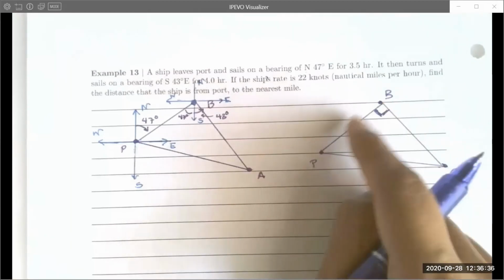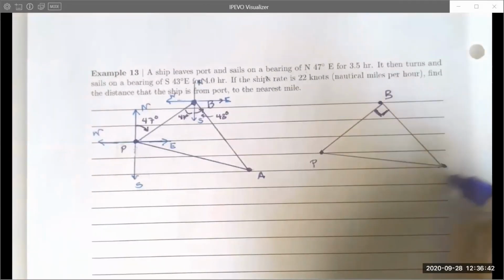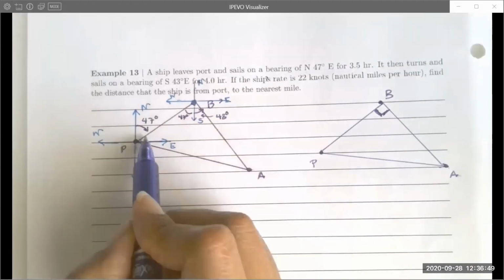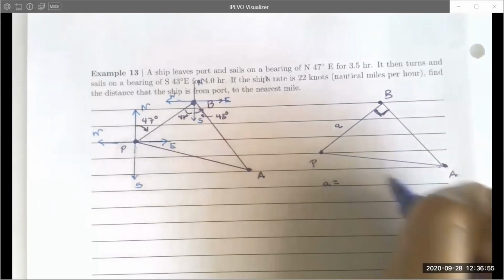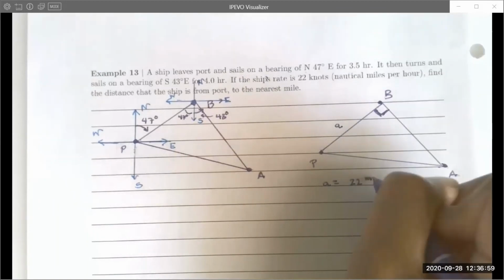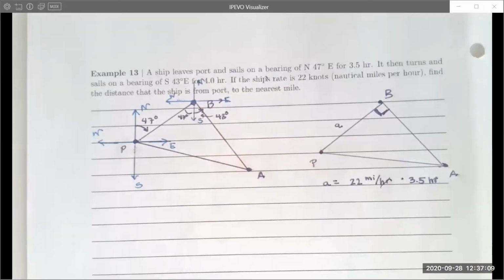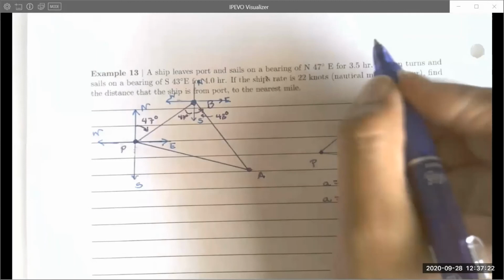So the distance here, and I think I also mislabeled this, apologies, this should be A. Okay, so it's P, B, and A. So this distance here, which I'm going to label little a, is going to be given by 22 miles per hour times 3.5 hours. So the hours are going to cancel out, and we're just going to be left with miles. So a is 22 times 3.5, which is going to give us 77. And that's in miles. Okay, so this here is 77 miles.